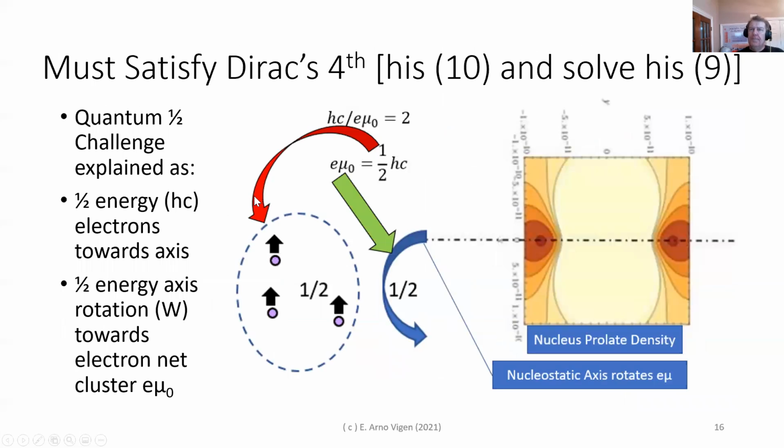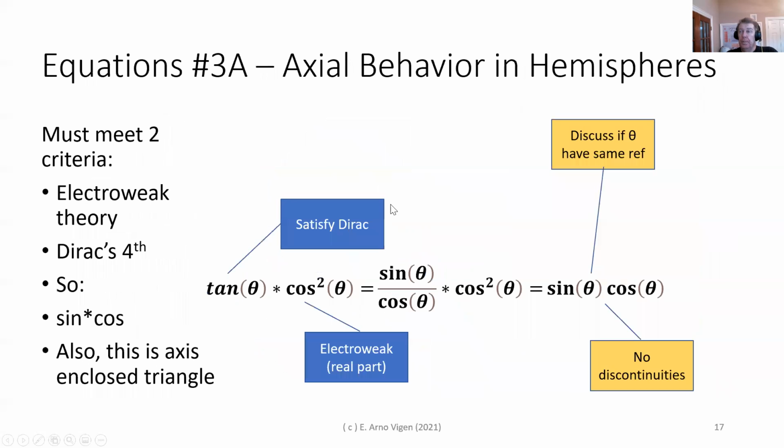Okay? Further, it must satisfy Dirac's 4th equation. We do a lot with electroweak, but we forget about Dirac. Okay? Now, his number 9 is this strange quantum challenge of 1/2 there. And that's the mu, the magnetics. So that becomes the rotation. And it is only half of the standard function.